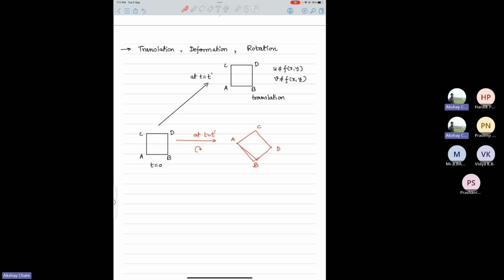It should be looking like this. This is rotation. Everything got rotated clockwise. Rotation without deformation. Your original domain remains like this only. And this happens when u is a function of y and v is a function of x. So in that case, this thing happens.